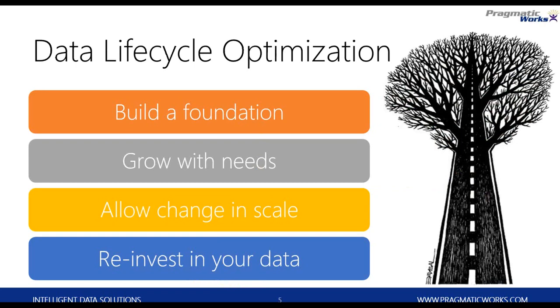So our idea with data lifecycle optimization is to cover these areas here. It all starts with building that foundation. In optimizing the enterprise business intelligence pillar, you really need to make sure that you build the correct foundation. That's going to start with an assessment to understand where you currently are before you can start to build that roadmap on where you want to get to.